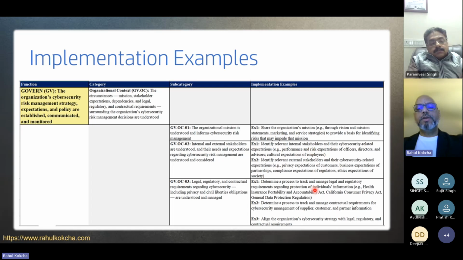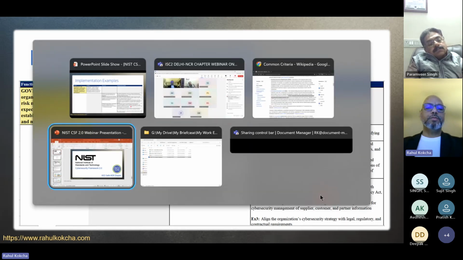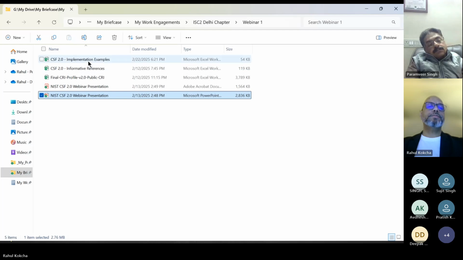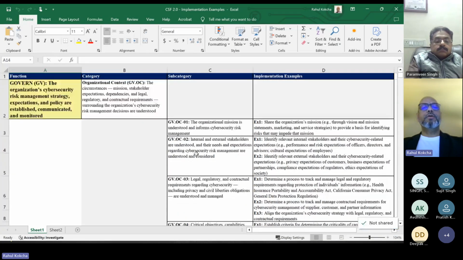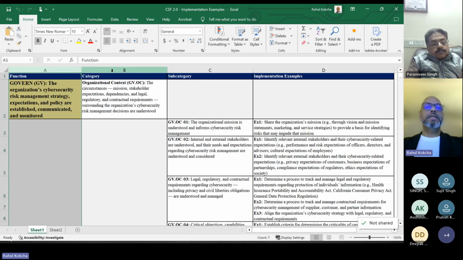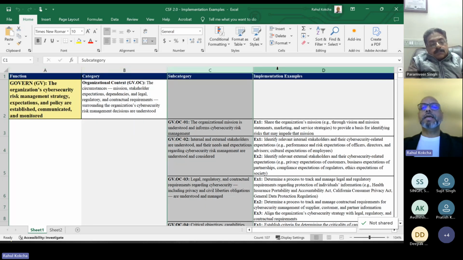Again, if you go in detail, if I open that sheet, this is the CSF 2.0 implementation examples I had downloaded from the same NIST website. I will share the links later on the slides. So this is how it looks. We have the function, category, subcategory, and the implementation example.